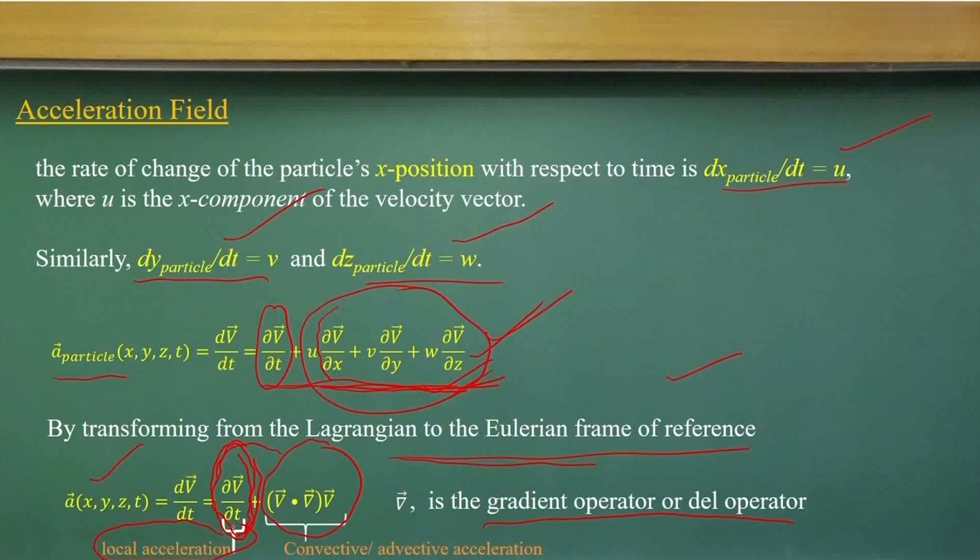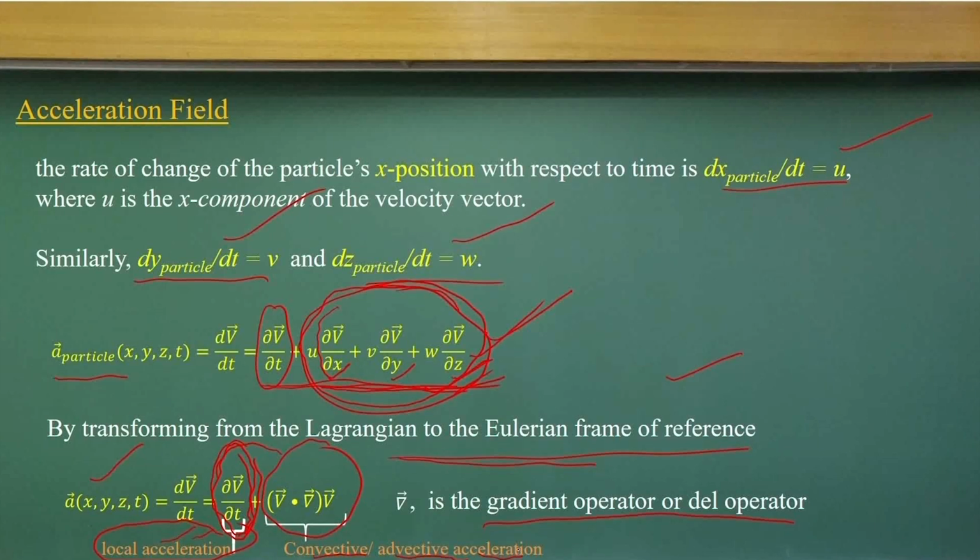That means at the probe location, the velocity change at that location alone gives us the local acceleration. Velocity also changes because of the change of the velocity field, that is, the velocity variation as x gradient, y gradient, z gradient and the u, v, w components. This change of velocity is called the convective or advective acceleration component.